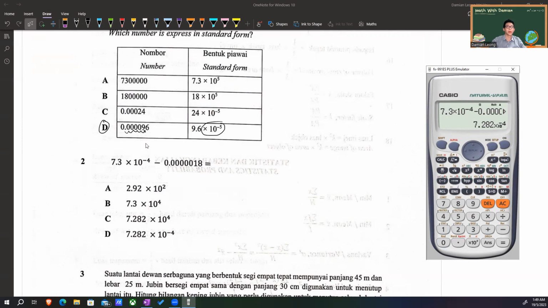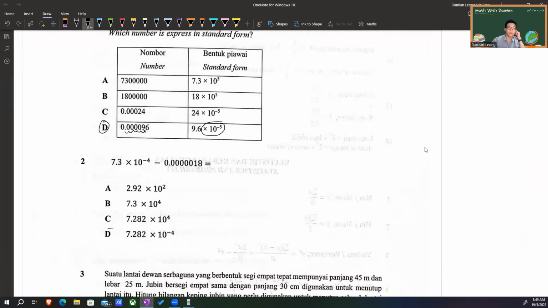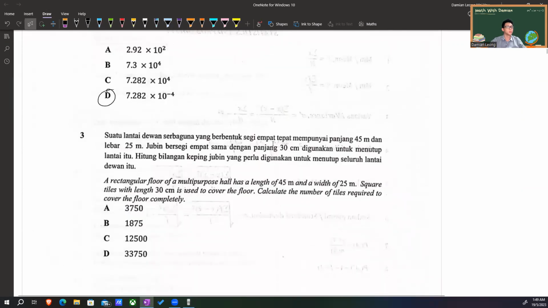Then straight away, I will get the answer in standard form: 7.282 times 10 to the power of -4. Answer D.